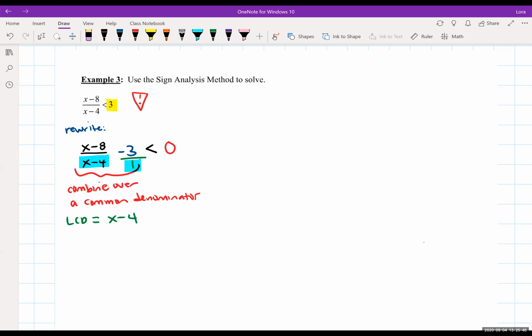So what we're looking at is, if you know the LCD, you're going to just try to rewrite each fraction into an equivalent fraction such that the LCD is the denominator. So if I am looking at the x minus 8 over x minus 4, you guys notice that already has the LCD. So I'm going to just keep it the same.